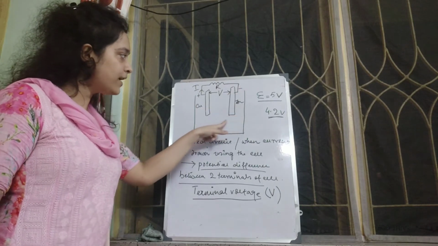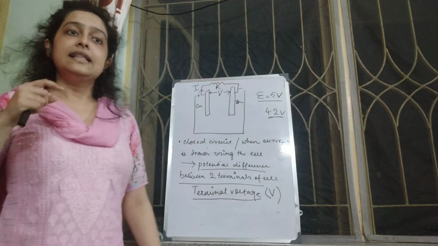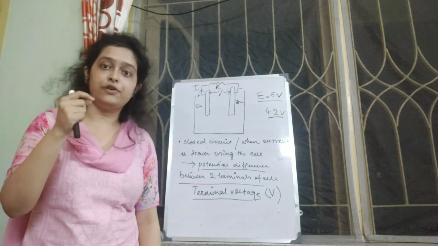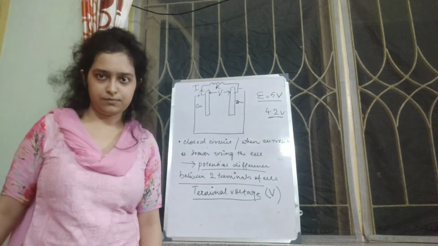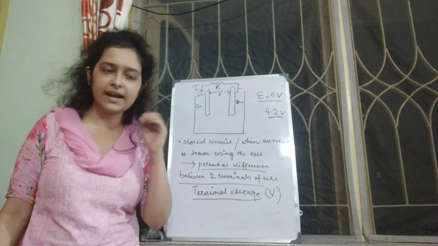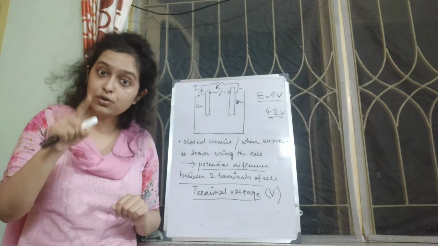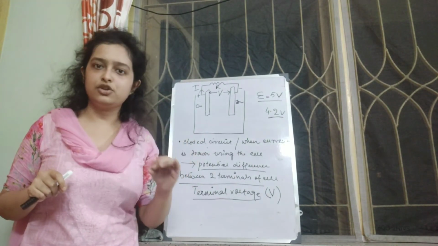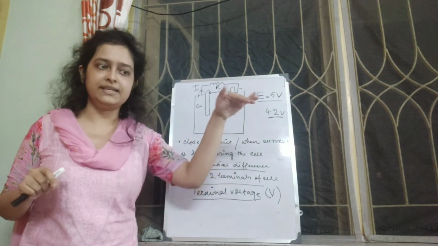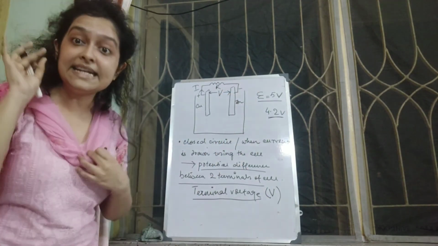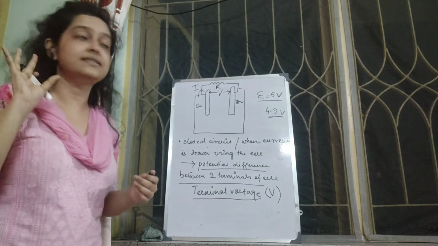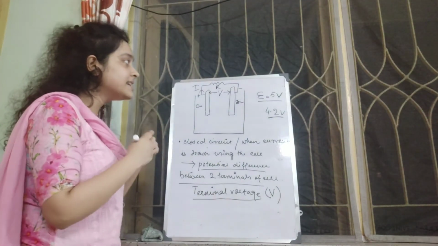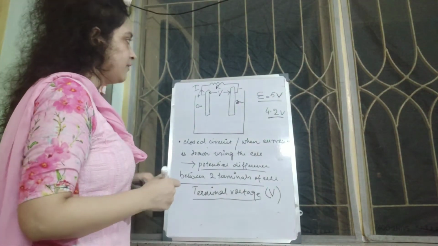So when it's flowing through the electrolyte, there is some resistance offered by the electrolyte to the flow of current. The resistance offered by the electrolyte to the flow of current through it is known as the internal resistance of the cell. What is it known as? The internal resistance of the cell.